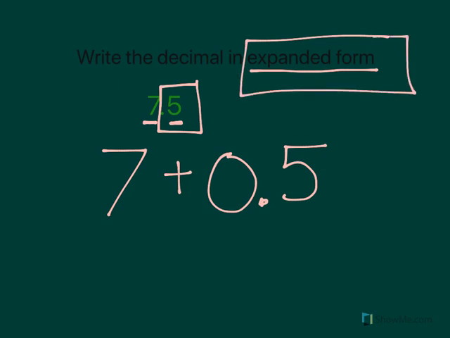Let's look at another one. In this case, we have 106 and 79 hundredths. I'm going to break it apart by place value, starting with the 1. So 100 plus, my next digit is a 0, and it's in the tens place.